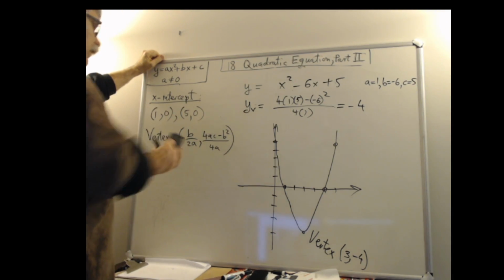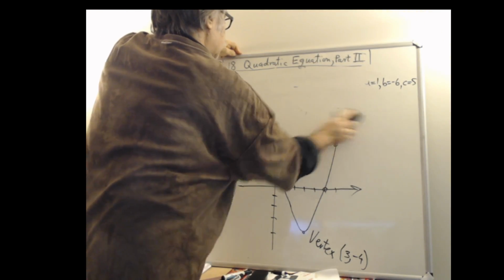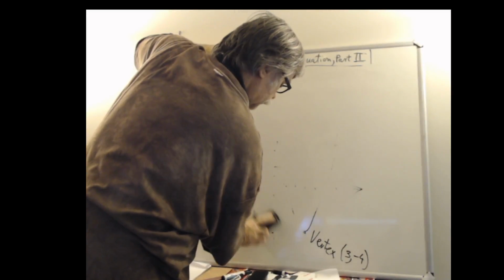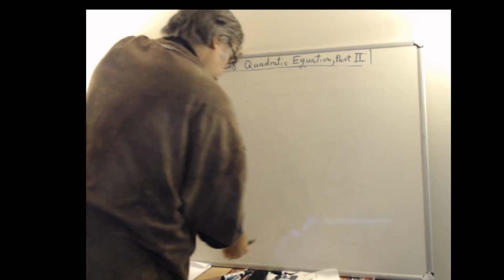So that's our first example of a parabola. Let's get one more, or a few more. I'm going to use example number 8 or 9 in the lecture, which is on the blackboard.